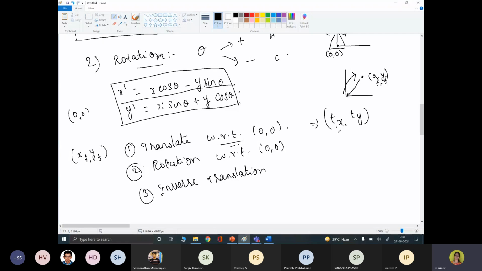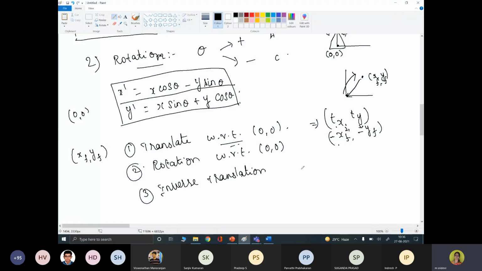The x value will be minus xf and minus yf will be the translation factor we use. With this translation factor, this point will be fixed at your origin, and then you can apply the equation to perform a rotation by the given angle theta. And again, you have to perform the inverse translation.